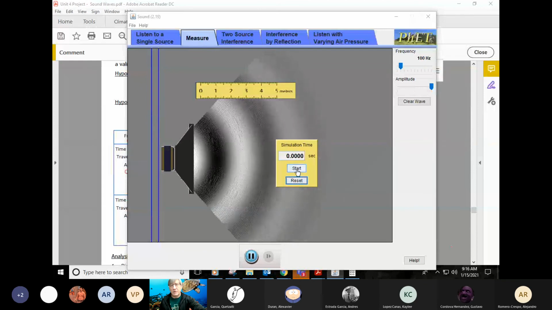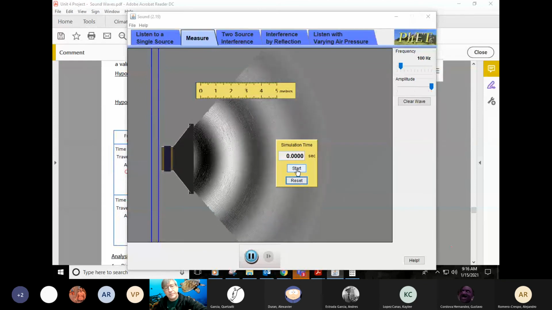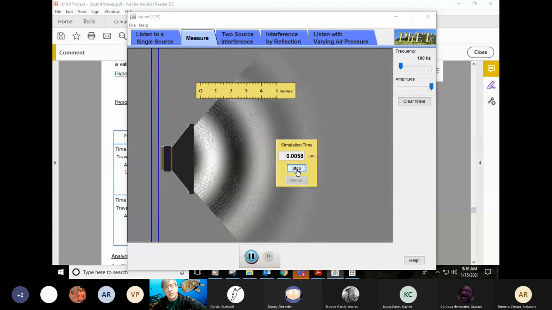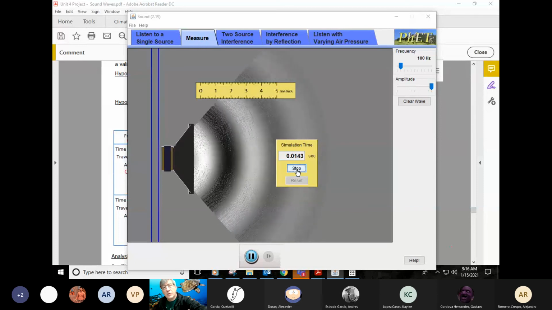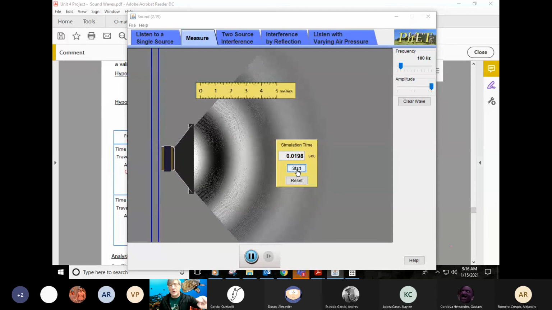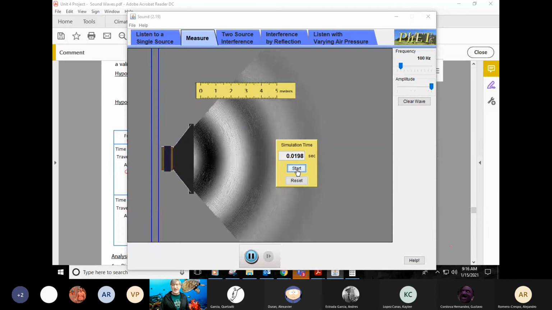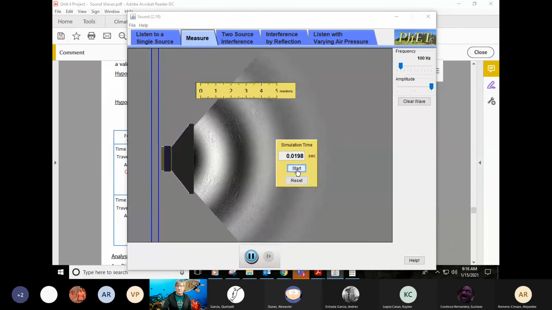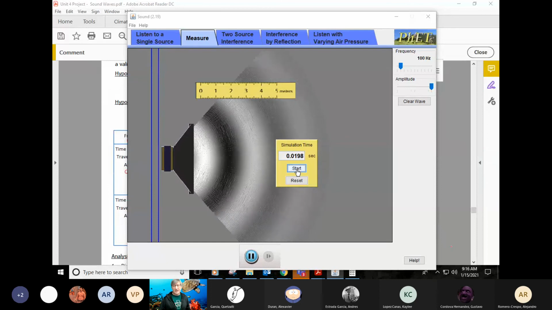Resetting that, going for trial 2. 0.0198. Record that on your data table.